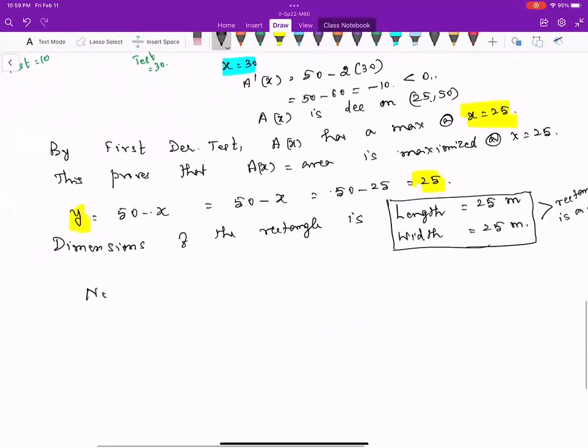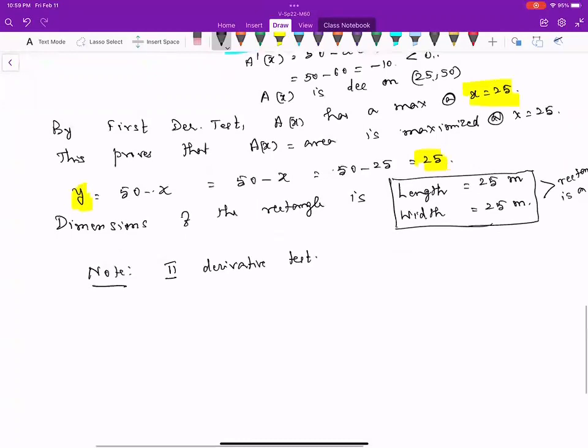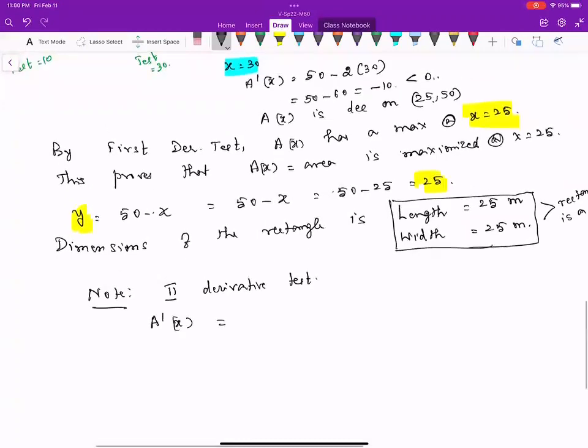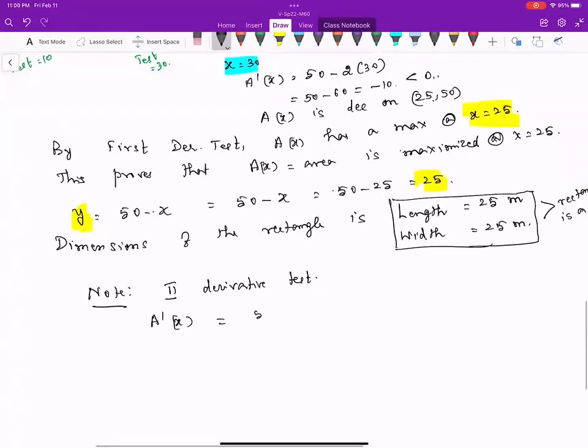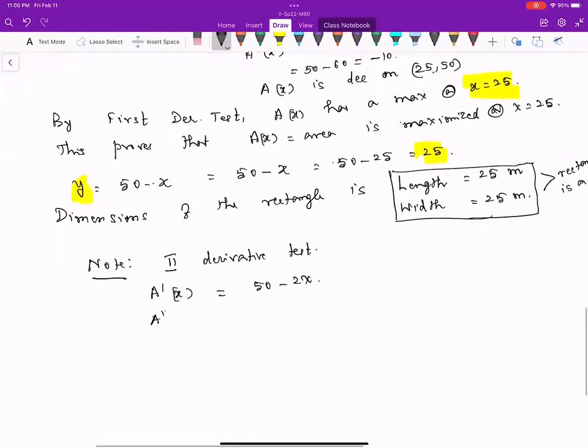So here in this problem, we did the first derivative test to show that there is a maximum. We can also use the second derivative test here. So if you consider A prime x, we found that to be equal to 50 minus 2x. So what is A double prime x?